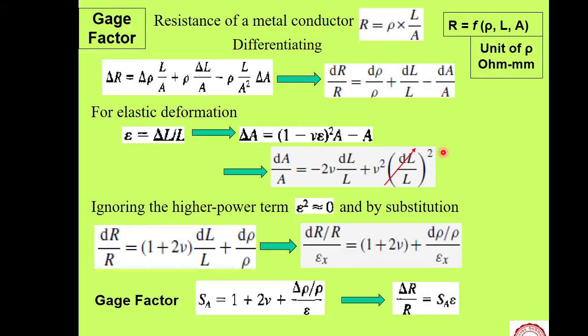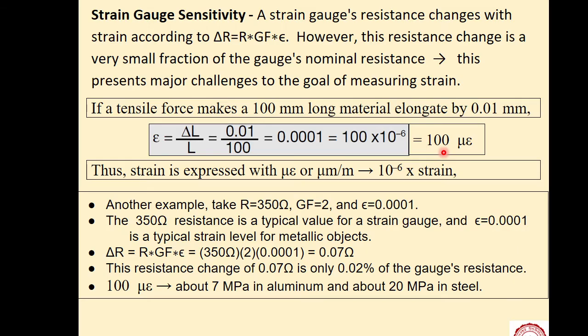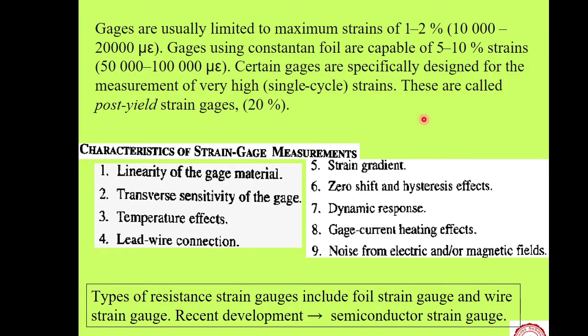Then there are some other factors like fatigue, repeated, alternating stress field. When a strain gauge is subjected to that, it affects the life of the strain gauge. Then the current through the strain gauge also affects its performance.